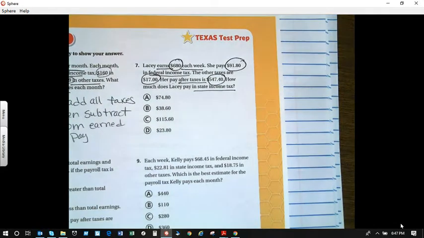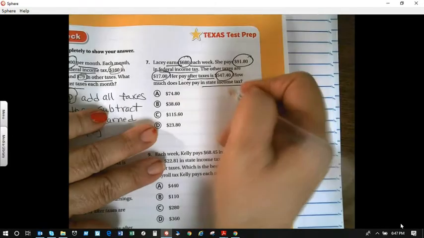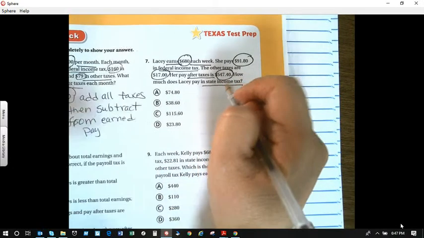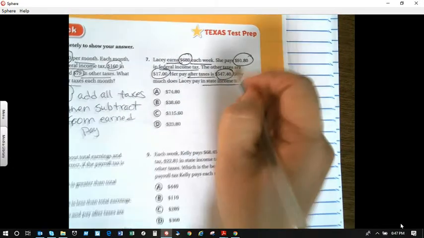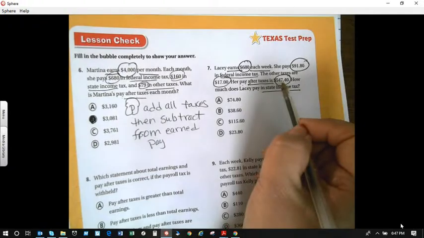All right. So what do we know? What's going to be my plan? Well, what am I going to do first? Yeah, go ahead and do that. You're going to add up your taxes. So here's her pay after taxes, right?